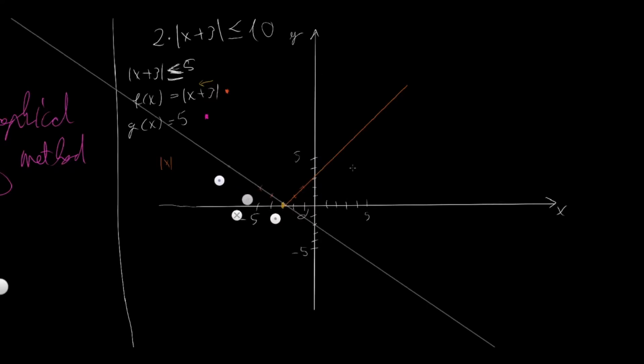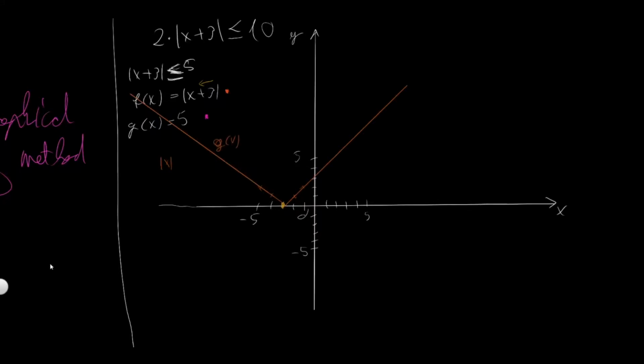From the same point to this. Let's do the purple one now, which is the absolute value of x plus 3. Oh, that's what I've done right now. Sorry, that was f of x. And g of x is just 5.